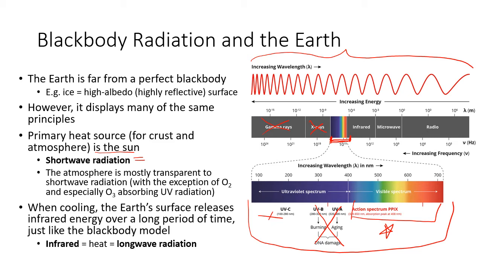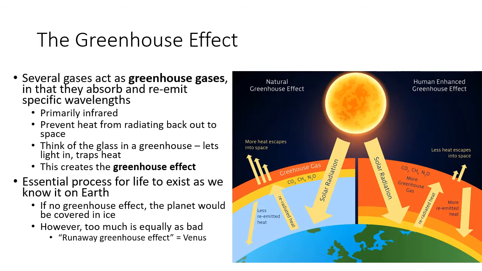But because of entropy and the second law of thermodynamics and the fact that they're going to release it as longer wavelengths, they're going to release that energy as infrared. That's what we're going to feel as heat, and that's what we're going to call infrared heat or longwave radiation.